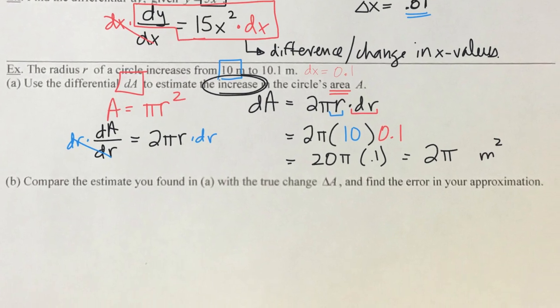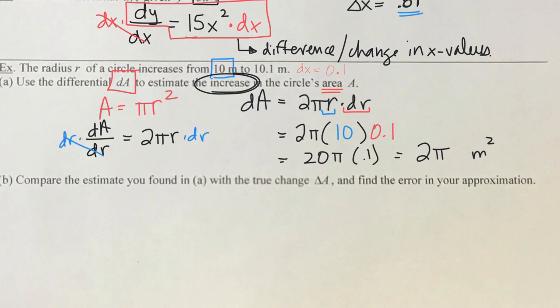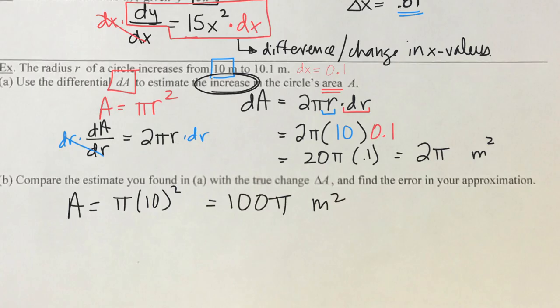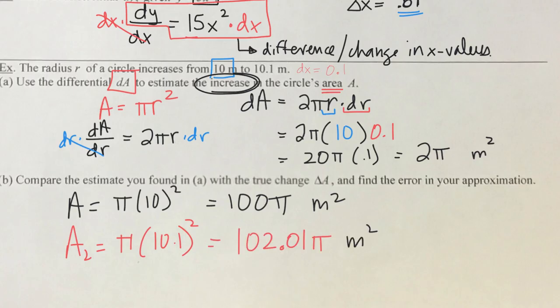Okay, compare the estimate you found with the true change in area. So our area was pi r squared, so pi times 10 squared, which is 100 pi. Okay, and then our second area is pi times 10.1 squared, which is 102.01 pi meters squared.